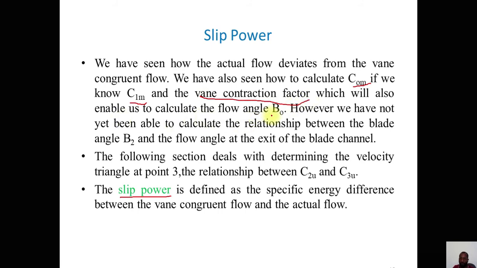Again, we have seen how to calculate beta 1 at the inlet side, but there is a difficulty in finding beta 2 at the outlet side. Therefore, to correlate C2U with that of C3U, a concept was developed called slip power. The concept behind slip power is to correlate those two parameters.